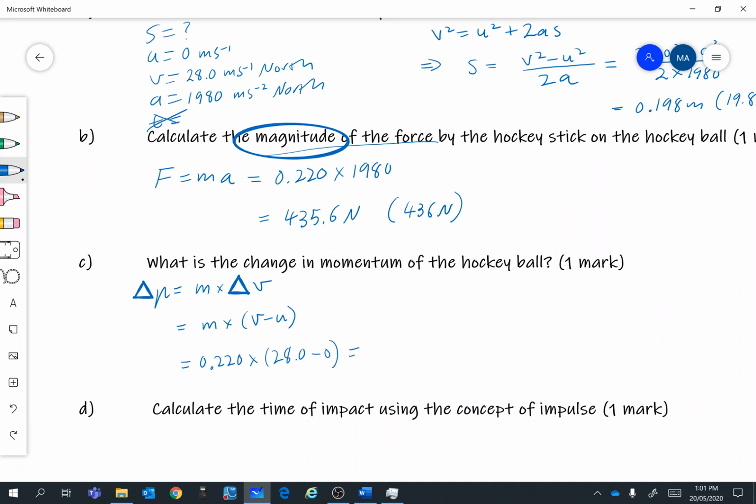If we put that through the calculator, we get 6.16 kilogram meters per second. Now in this case, we're not asked only for magnitude, we're asked to find the change in momentum, which is a vector. So we need to give the direction, and that change in momentum is in the direction that the ball is struck, so to the north.